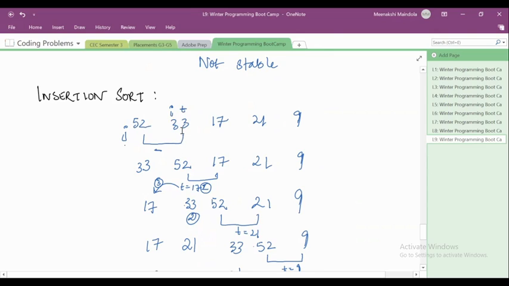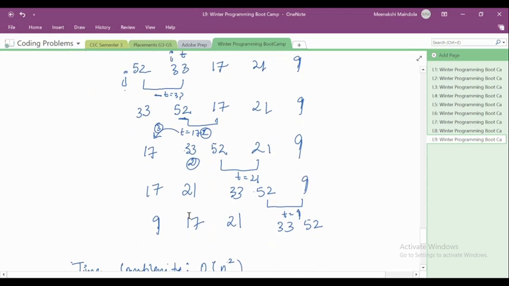So first when you compare 33 and 52 and find out that 33 is smaller than 52, so you keep 33 in a temporary variable and first store 52 at its correct position, which is at a position j plus 1.